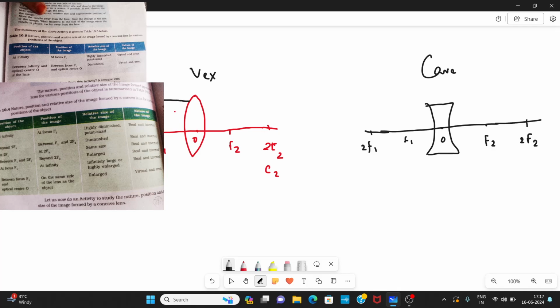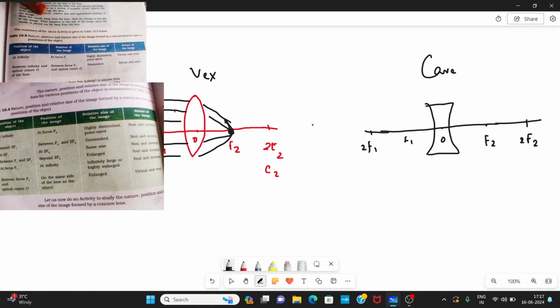The rays will pass through the lens and all converge at your focus. Here is where you will get the image of the object. And how will the image of the object be? Very much smaller, point sized, and it is diminished. Diminished means it is much smaller, right?